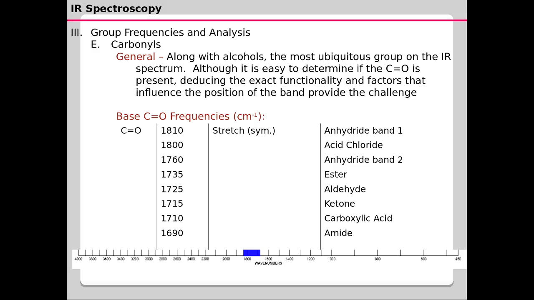For carboxylic acids, the vibrational frequency is at 1710 centimeter inverse, and for amides, it usually appears at around 1690 centimeter inverse. Keep in mind that these values should be taken as base values, because they can be changed by the influence of other factors such as resonance, inductive effects, etc.